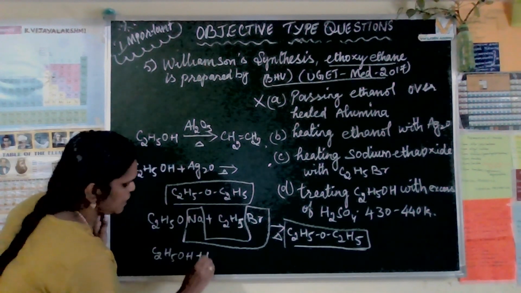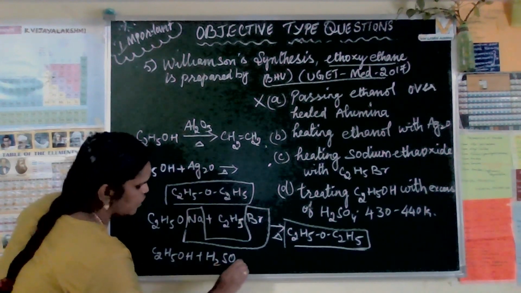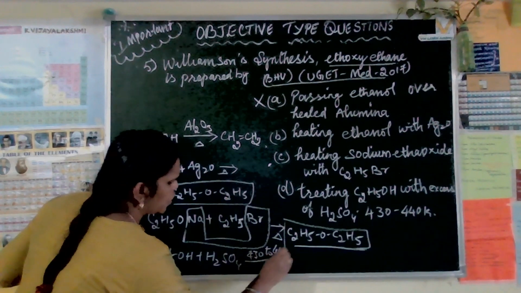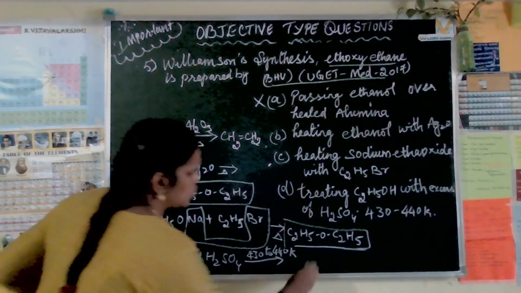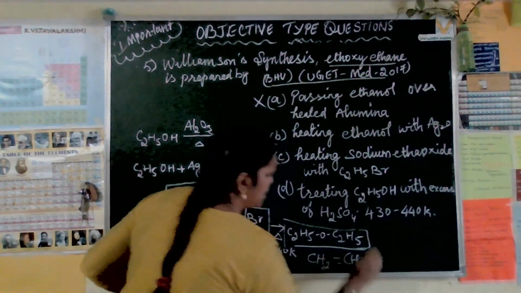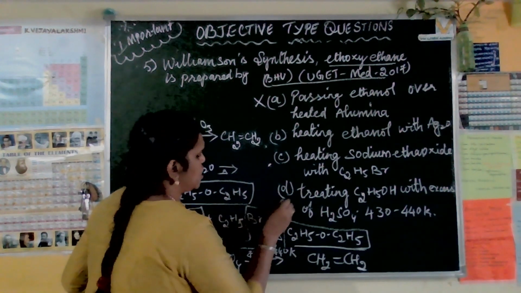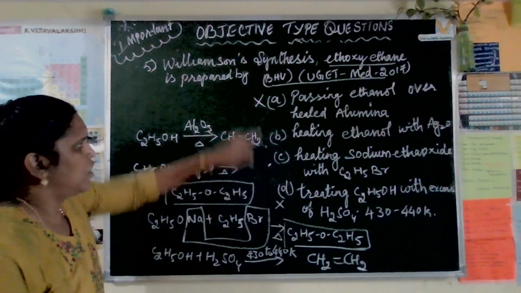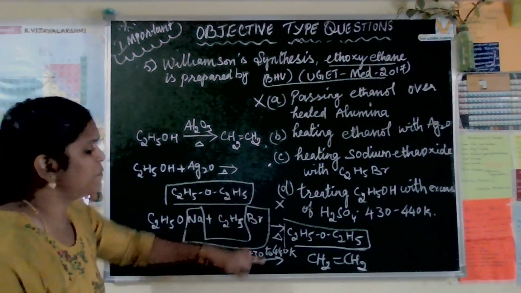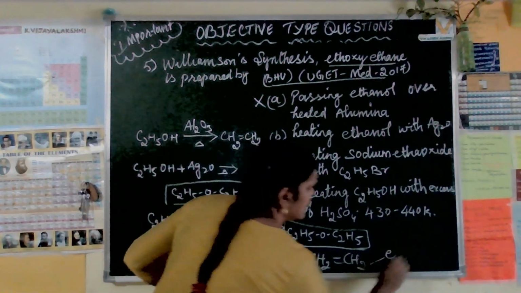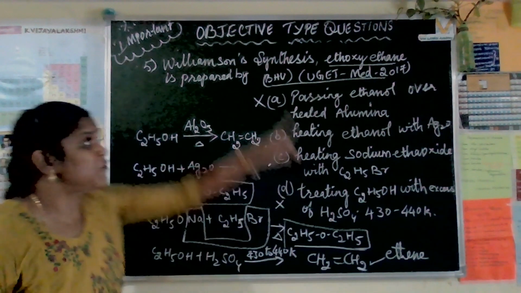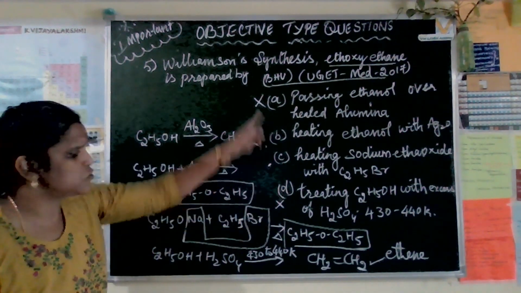C2H5OH combined with H2SO4 heated at 430 to 440 Kelvin gives CH2=CH2. So the last option is also wrong. The first option and the last option are 100% wrong, because you are getting ethene, an alkene. We want ether only, so these two options are wrong.